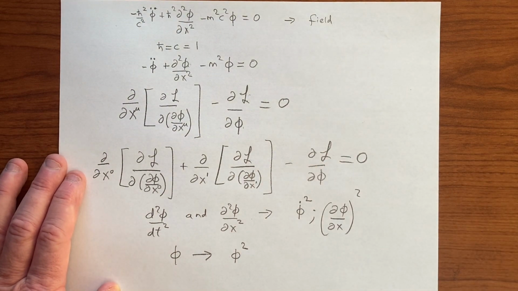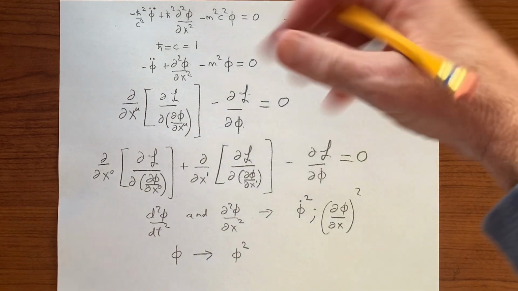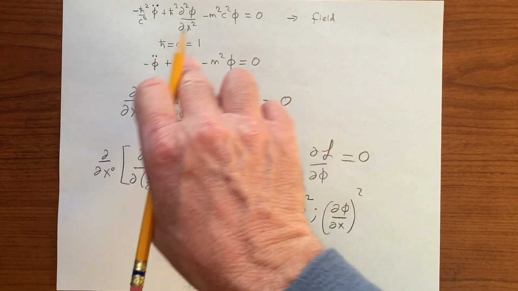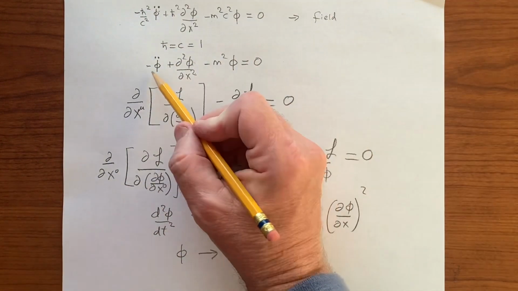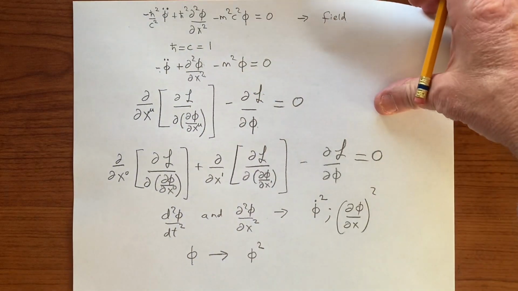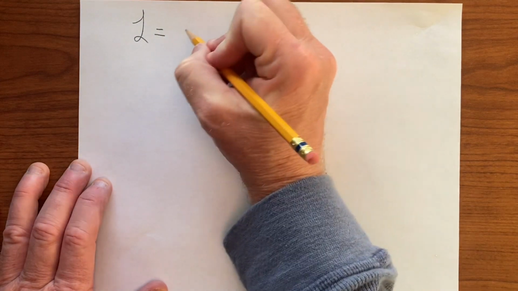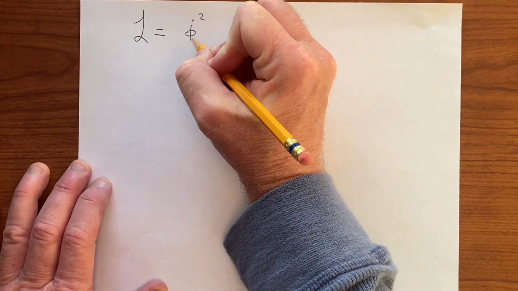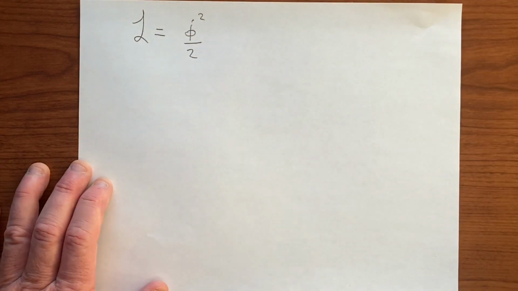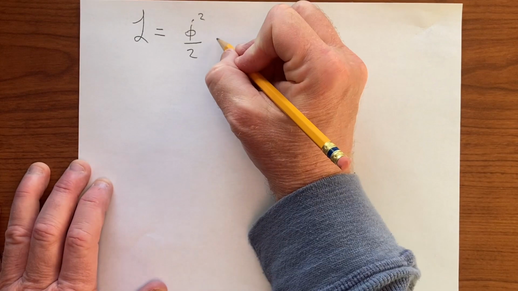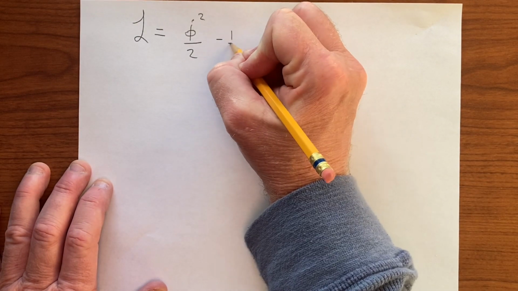And then we can also see what signs we need: a negative here, positive here, and a negative m squared there. It's not too difficult to recognize that our Lagrangian has to look like phi dot squared over 2. Then we have the same over 2, but with a minus sign here, so minus a half.